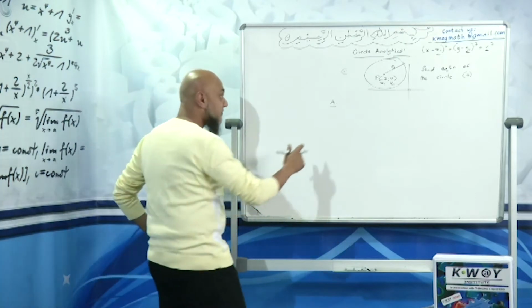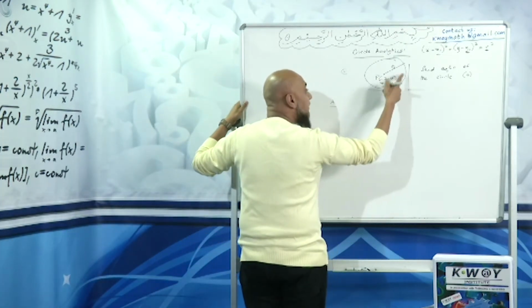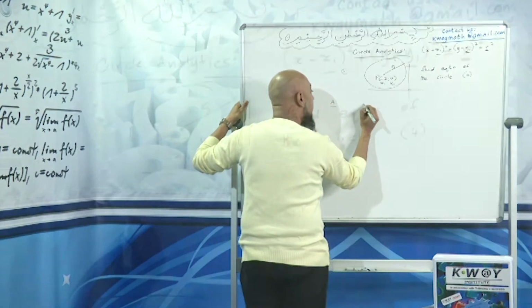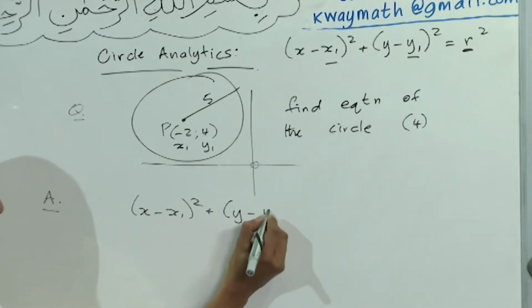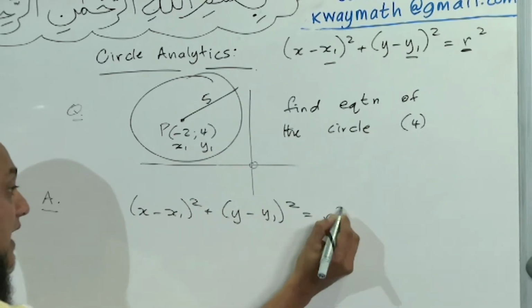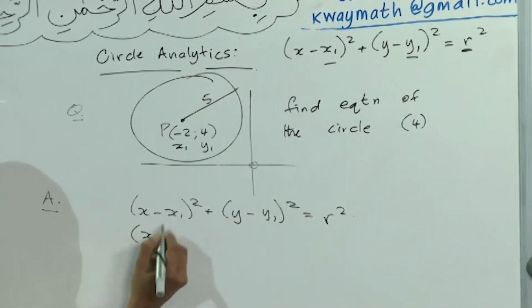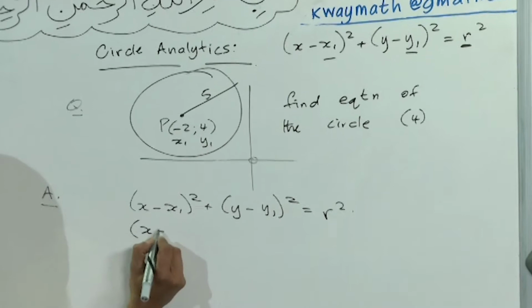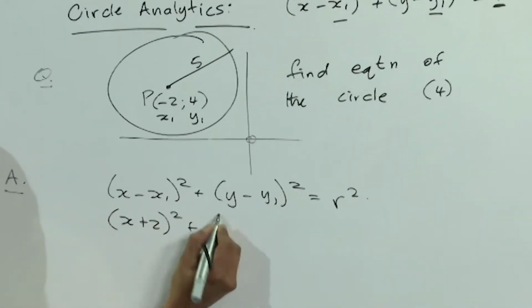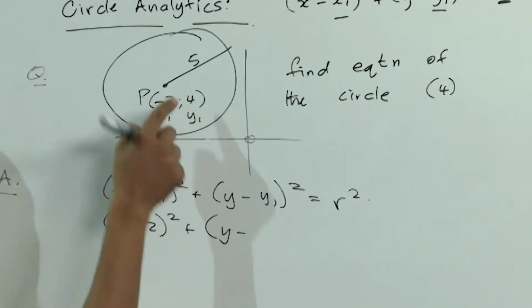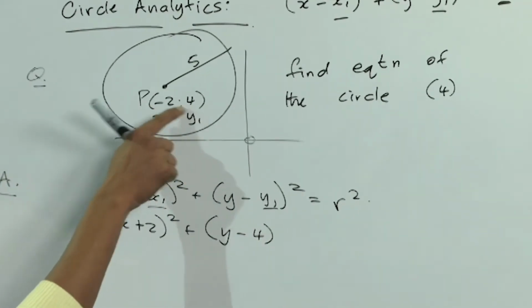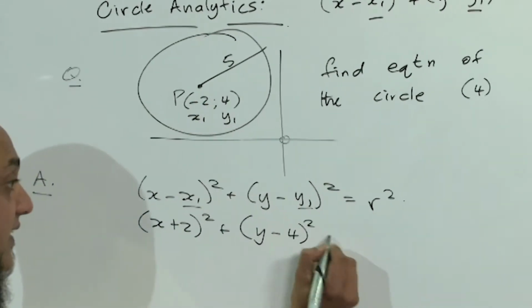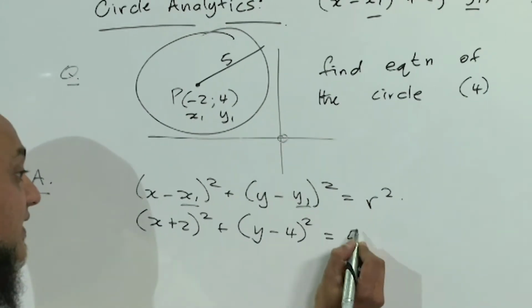Okay, let's start. To find the equation of the circle, we're going to start with our formula (x minus x1) squared plus (y minus y1) squared is equal to r squared. So what do we have? x minus negative 2, so it's (x plus 2) squared plus (y minus y1) squared, because x1, y1 represents the coordinates of the center of your circle, is equal to r squared, which is 5 squared.